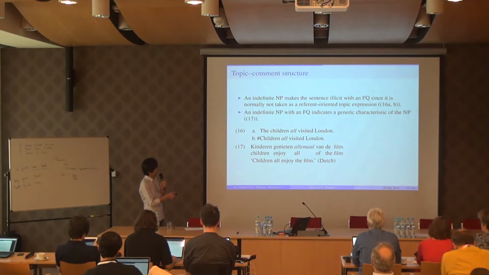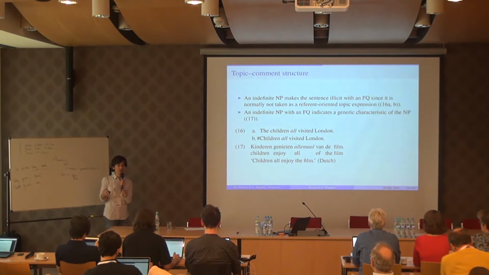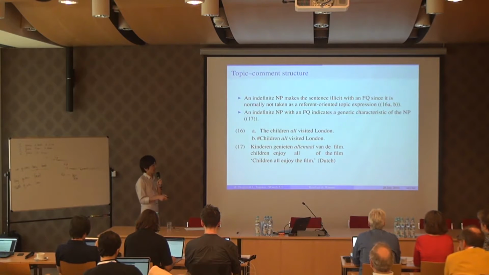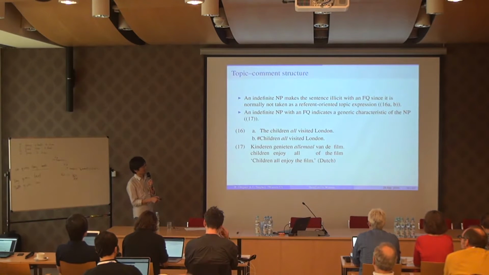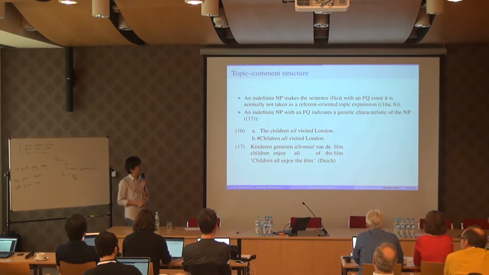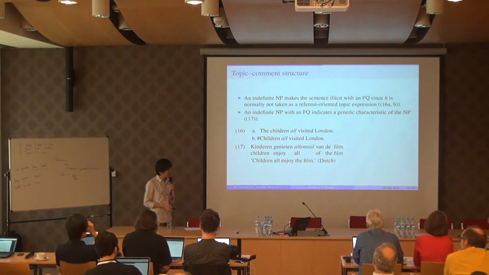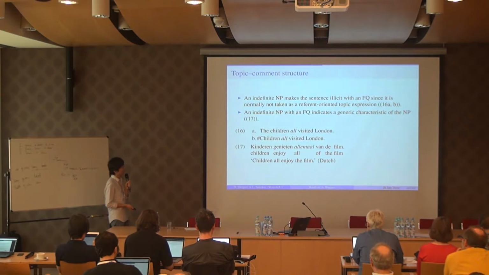So here we say, children all enjoy the film. We're talking about all different kinds of children, so we have a referent in a sense. Children, well, all kinds of children, and this is a generic property. In that particular case, we can accept this floating quantifier because we have a referent. So although this is indefinite, it's a topic in the discourse structure, in the information structure. That tells us about the topic status of the front-end noun phrase.